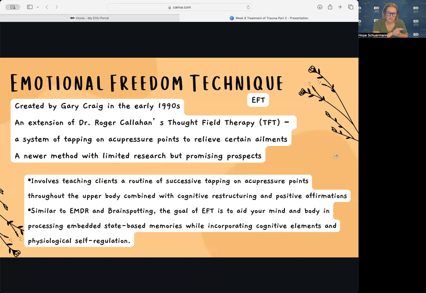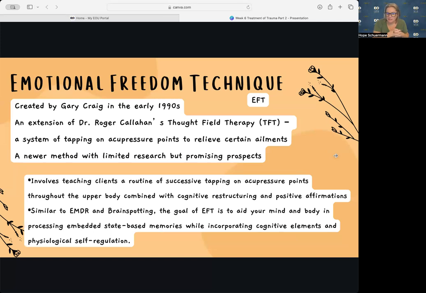And it involves teaching clients a routine of tapping on acupressure points, combined with statements that are affirmations and restructuring some of the thoughts that are contributing to their distress. And so the goal is to help your mind and body come together to process those memories and integrate your trauma back into your full system.